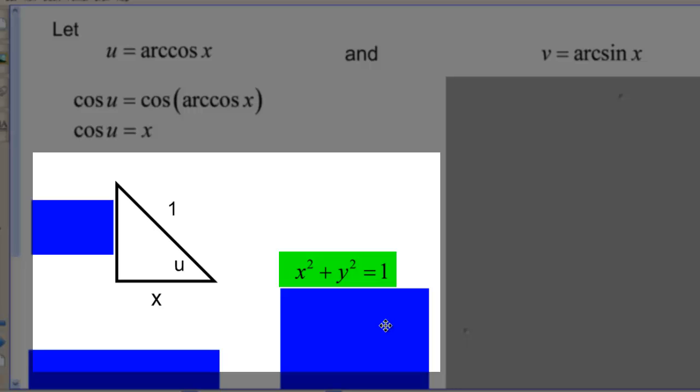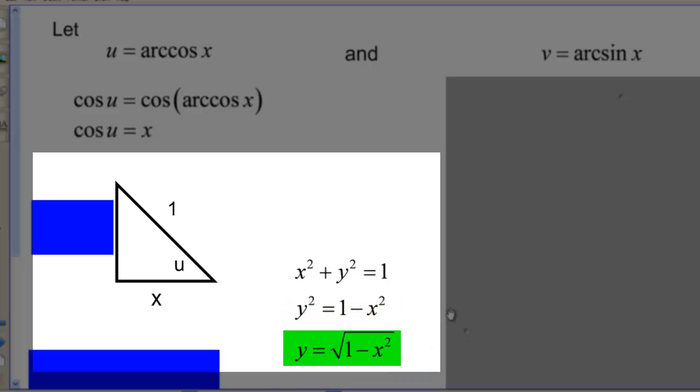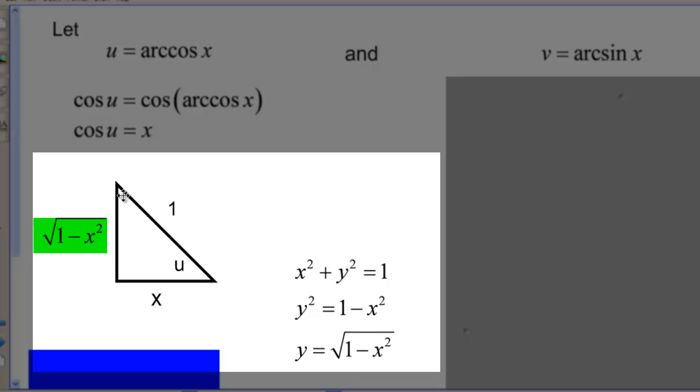I am solving for y. So y squared is equal to 1 minus x squared when I subtract x squared from both sides. And then when I take the square root of both sides, I get that y is equal to root 1 minus x squared. I don't have to worry about the negative part of that because we're talking about a distance.